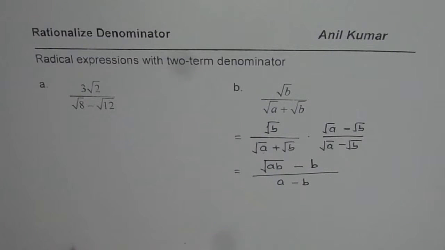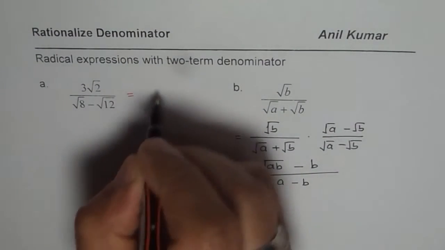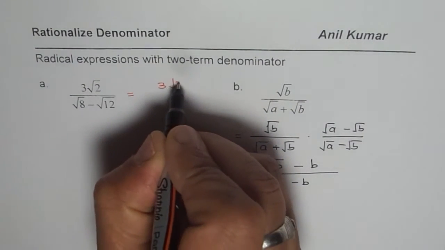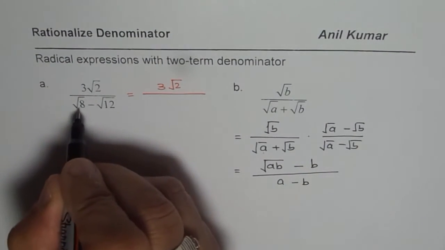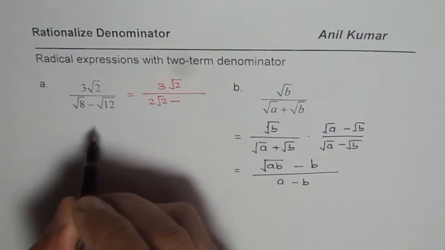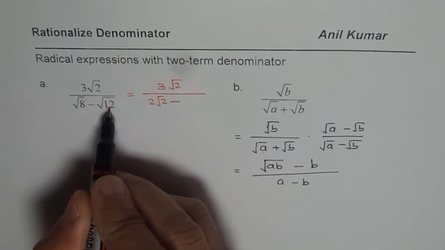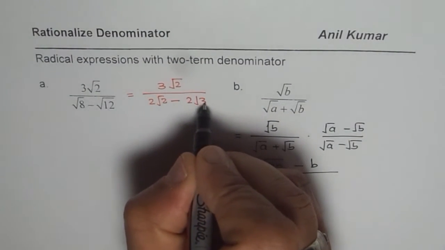Now let's look into this equation. It is kind of interesting that we could actually write this equation also as 3 square root 2 divided by, 8 could be written as 4 times 2, or 2 square root 2, minus square root 12 could be written as 4 times 3, or 2 square root 3, right?